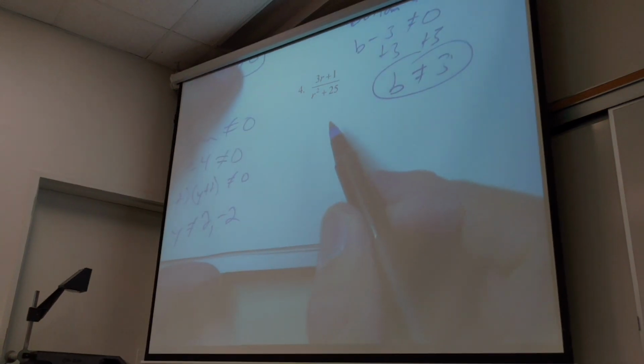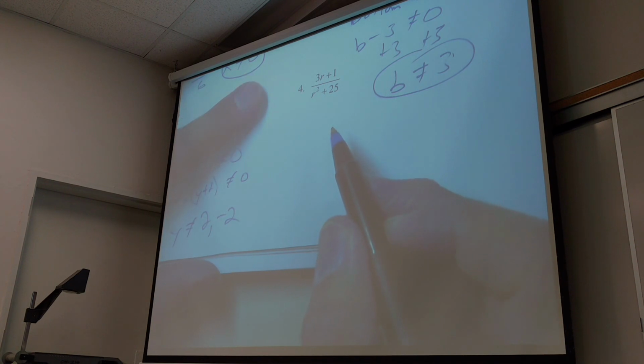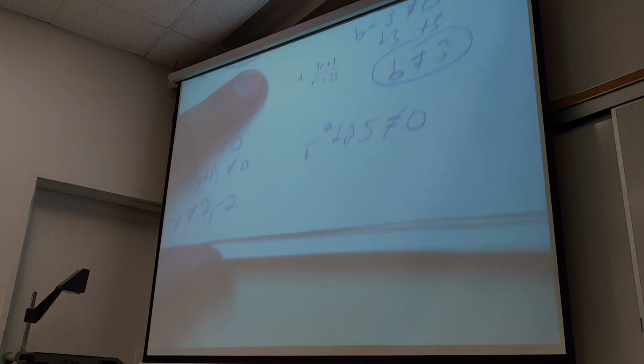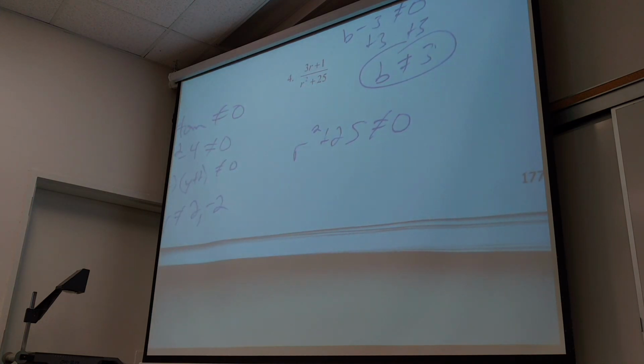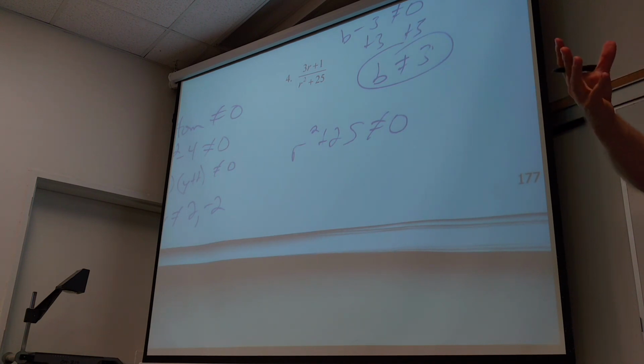Does anybody see what's going on with this one? It's a sum of squares. You can't factor that, right? Can't factor it. In fact, stay with me. What's the smallest r squared could be? No, you're thinking about this problem, I think.